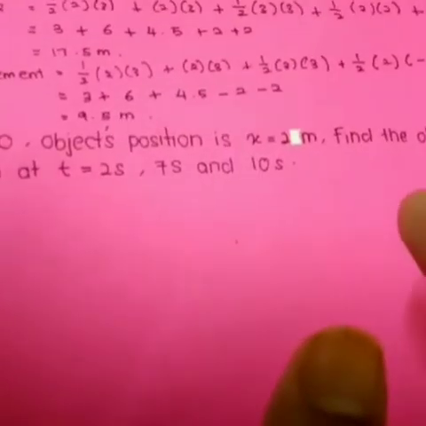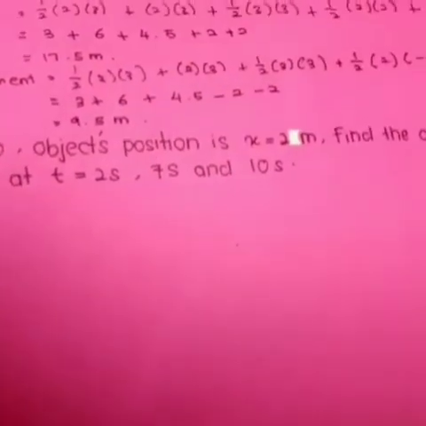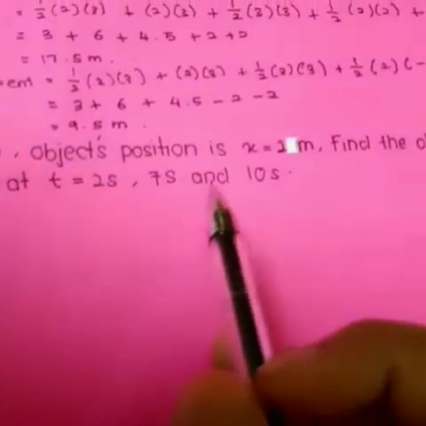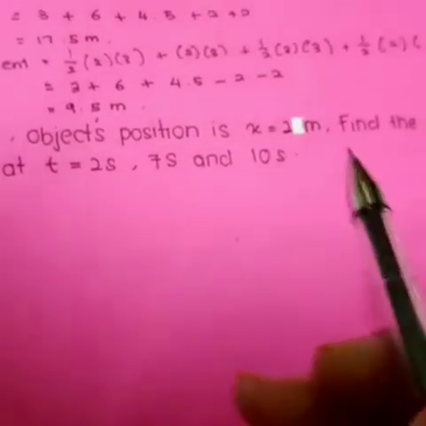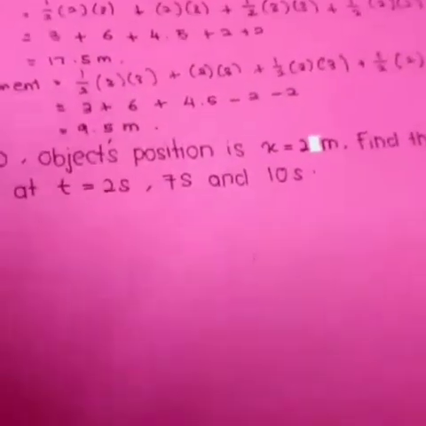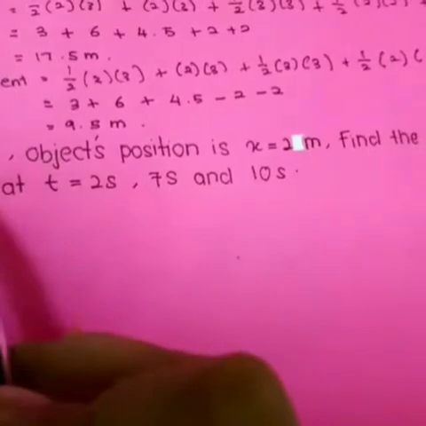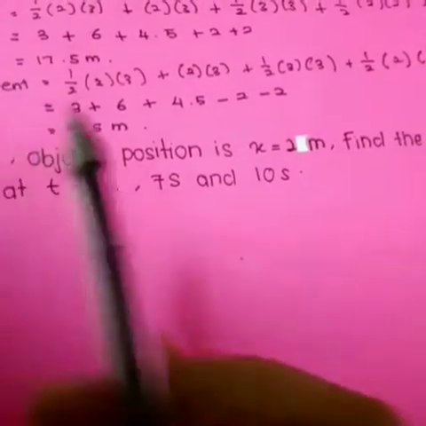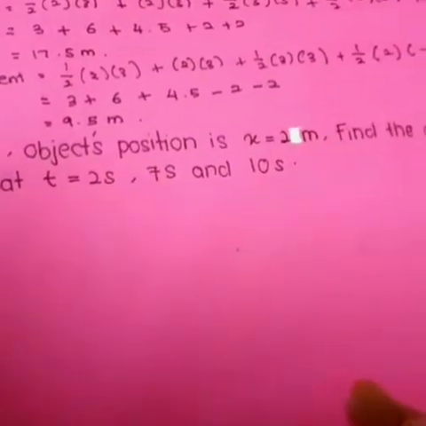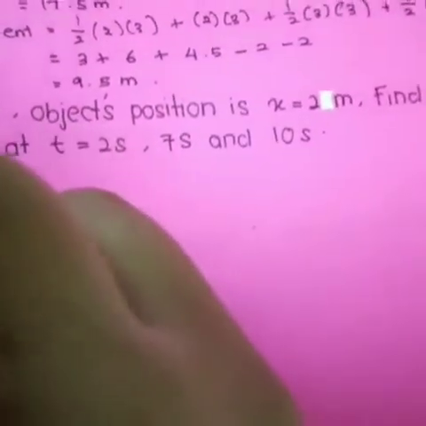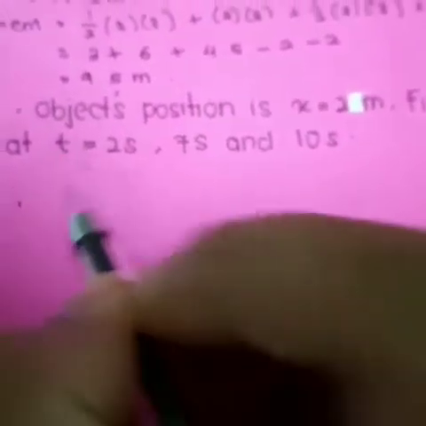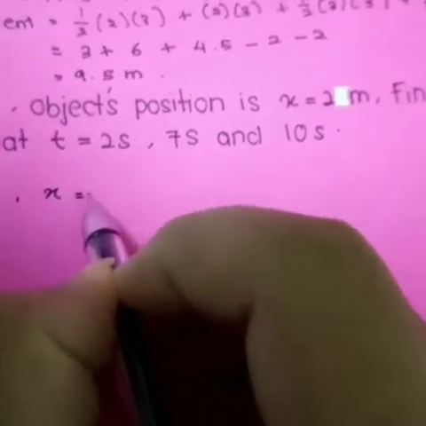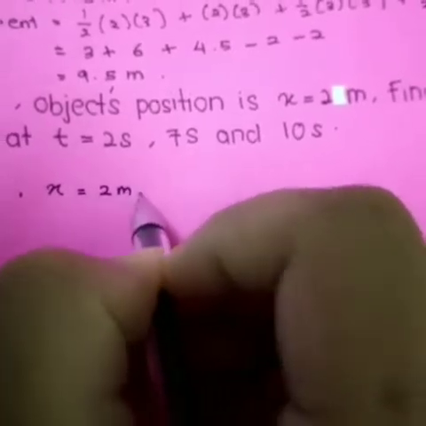Okay, for the next question, we need to find the object's position at t equals 2 seconds, 7 seconds and 10 seconds. Okay, given t equals 0, the object's position is x equals 2 m. So firstly we need to write t equals 0, so that x equals 2 m.